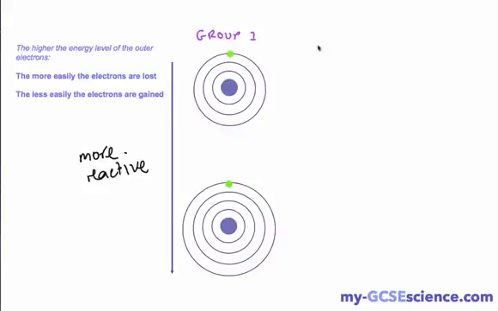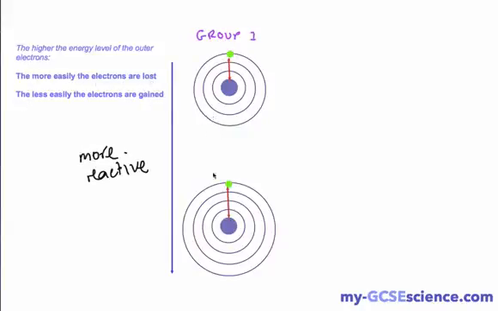I haven't drawn all of the electrons in, just for the sake of avoiding confusion, but we've got our one electron there, and if you look at the distance between the electron and the nucleus, it's quite short for the higher up element, and it's a bit longer for this element that's further down. If we look here, it says the higher the energy level of the outer electrons, remember these shells are also called energy levels, the more easily the electrons are lost.